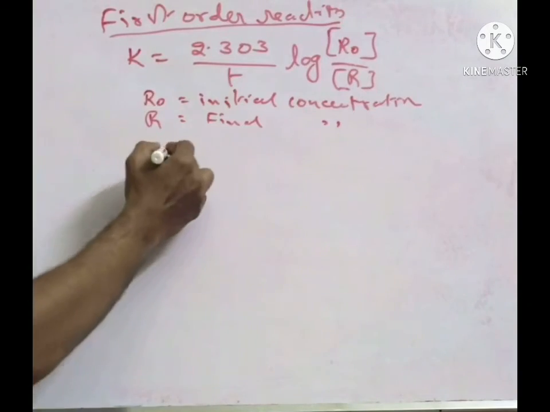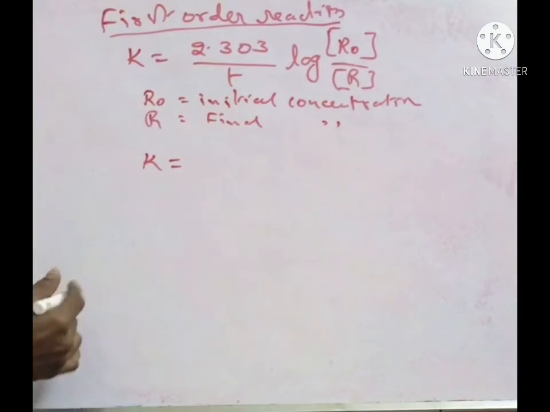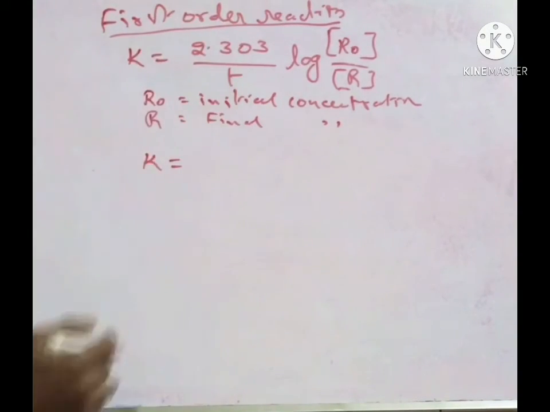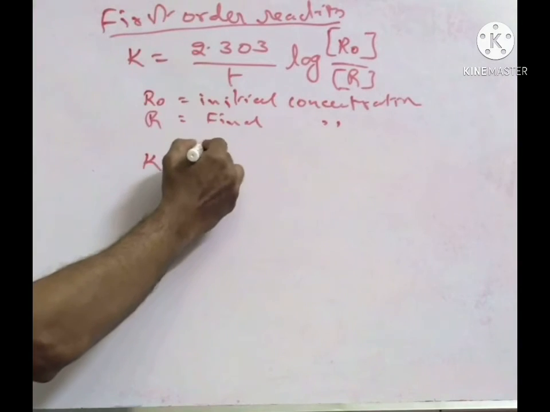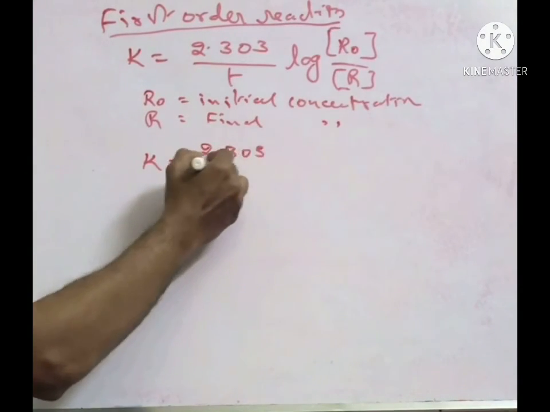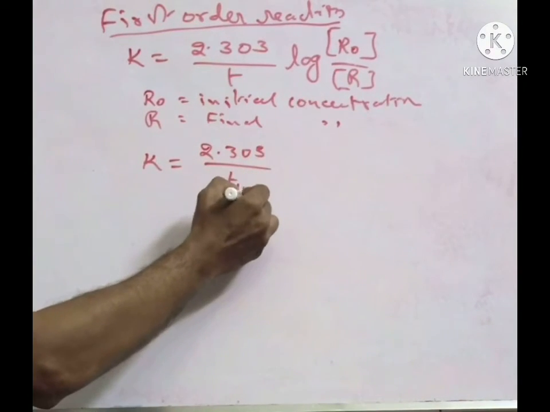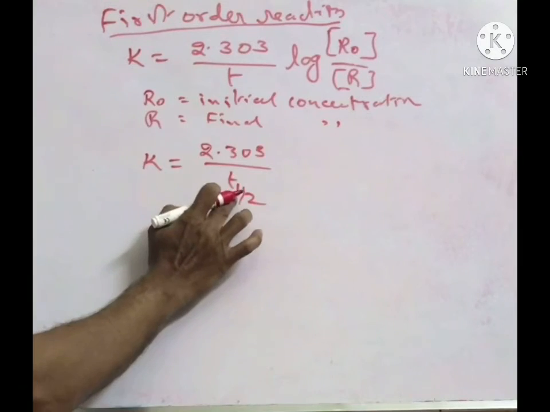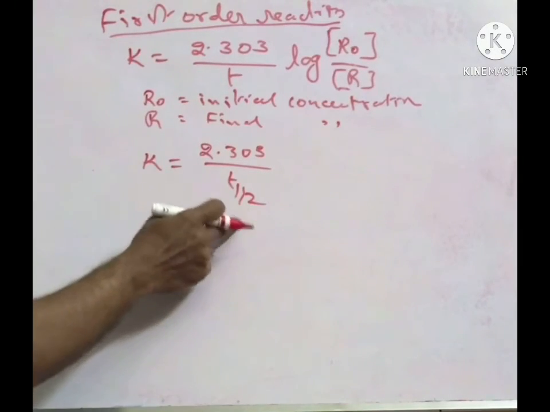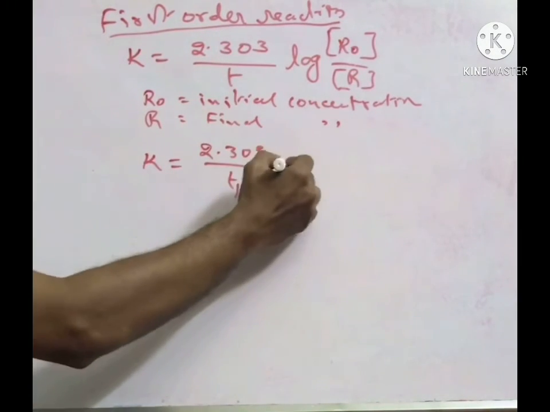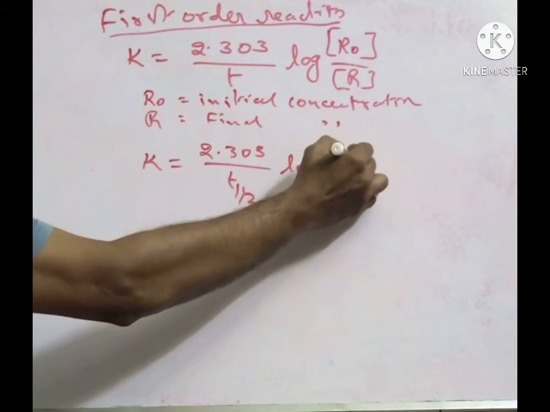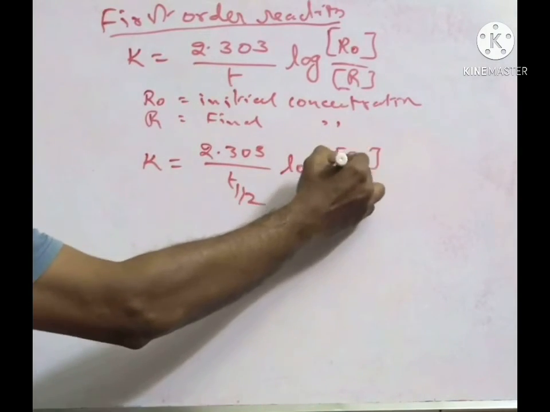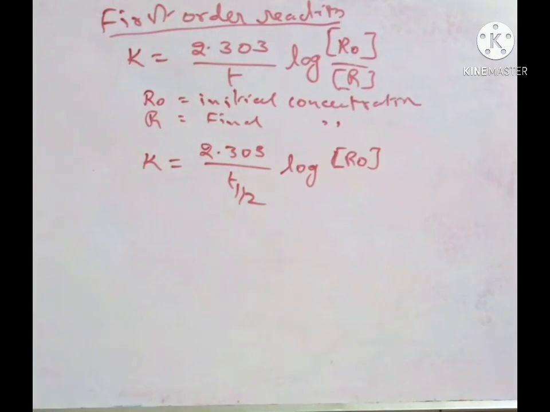Now the same equation for the half-life period, the half time of the reactant, if you write it, what will happen? This will be 2.303 by T half, T 1 by 2. So for the half-life period, the initial concentration is the same, there is no change.